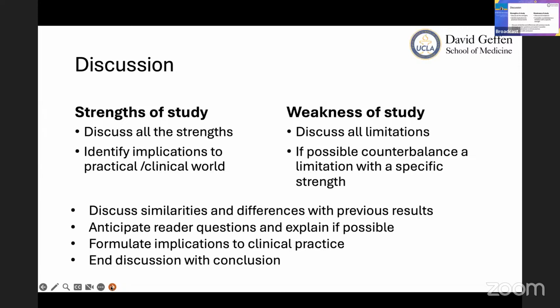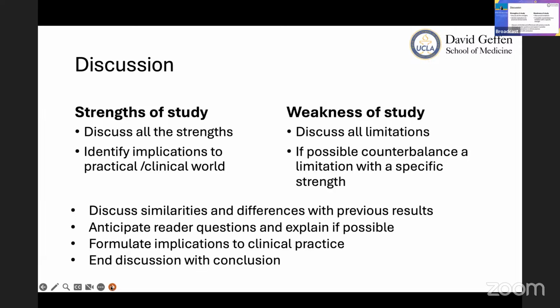The reviewers do appreciate when authors talk about all the strengths and all the limitations. You don't want to omit things, because then the reviewer will say, you didn't mention this, you didn't mention that. So make sure you discuss what you think are the strengths and limitations.